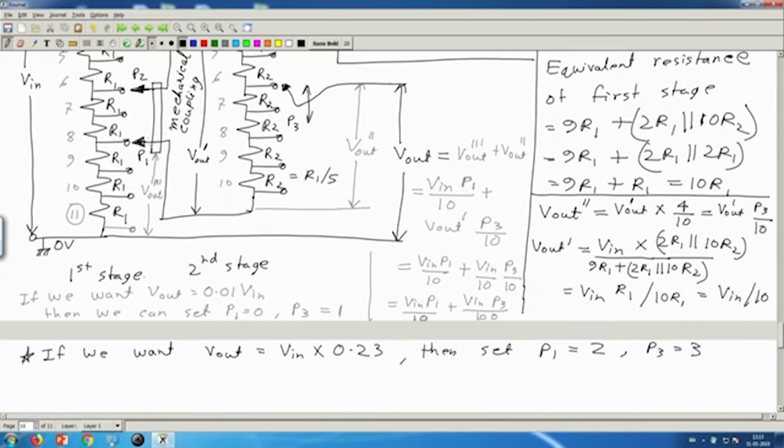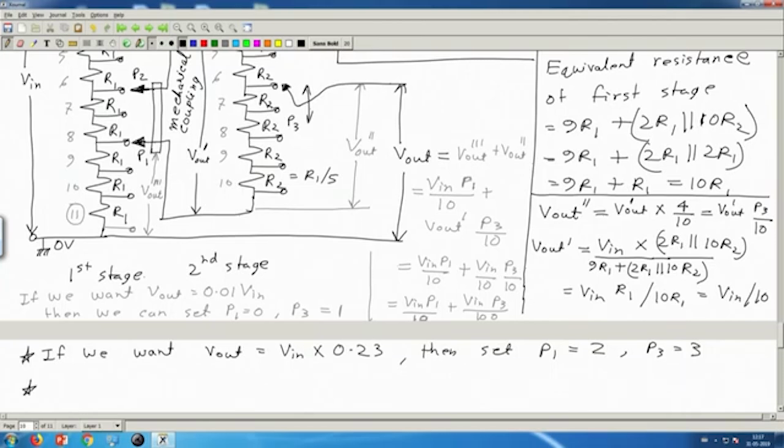That means bring this pointer down after 2 resistances and this pointer after 3 resistances, 1, 2, 3, bring it here. This way you can get any decimal fraction of Vin as the Vout.